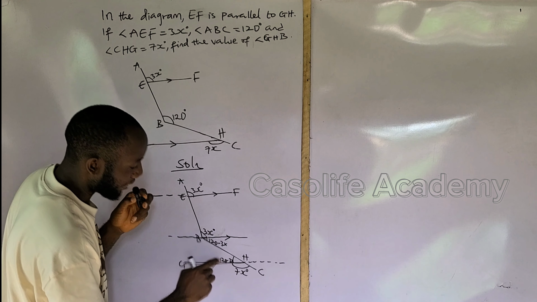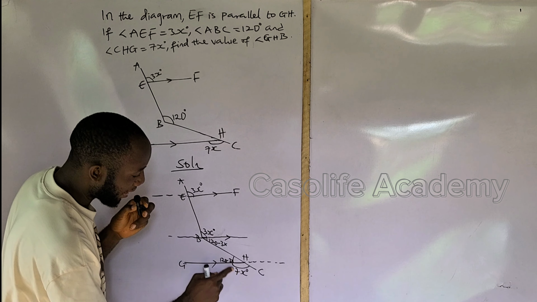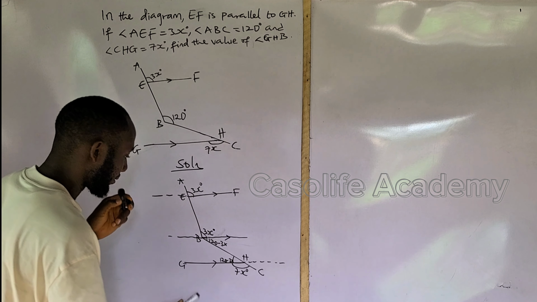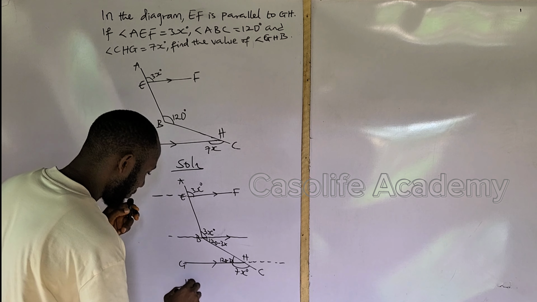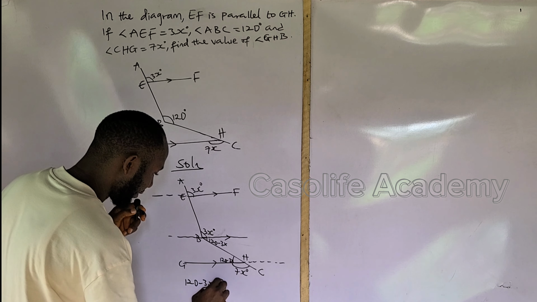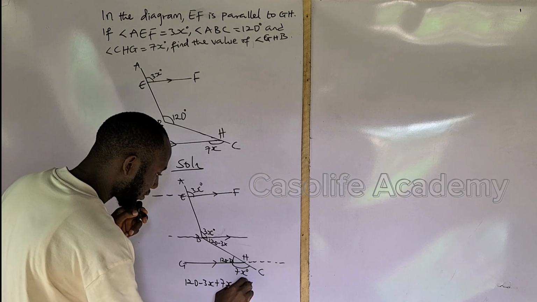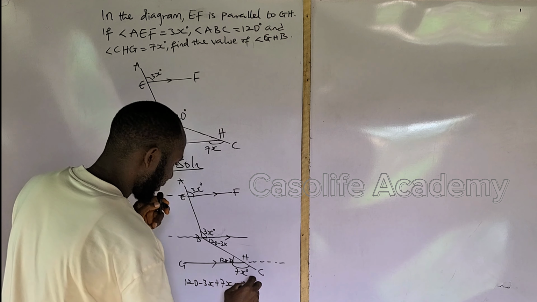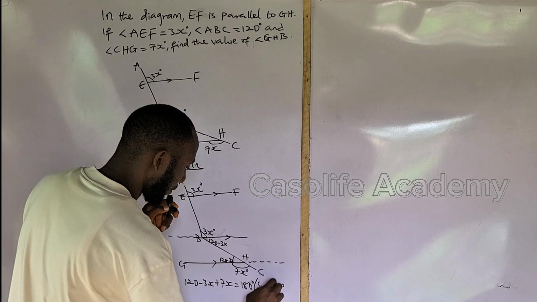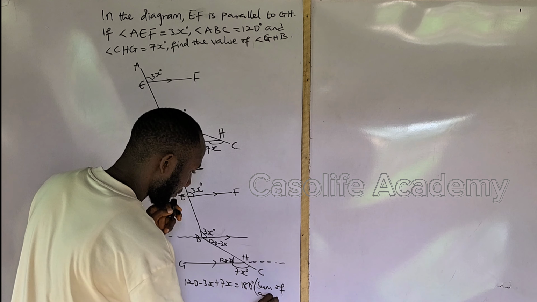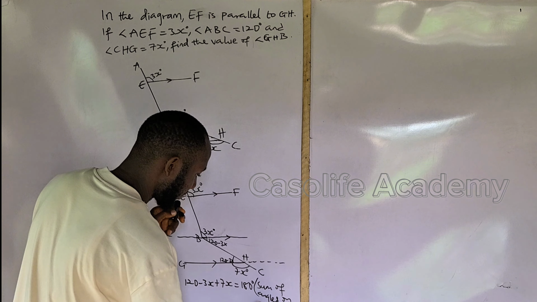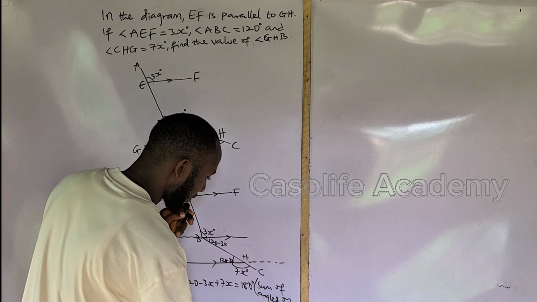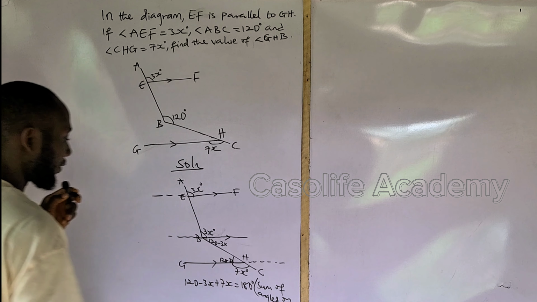Looking at this transversal line, you see there is a straight line. So here plus here will give us 180 degrees, sum of angles on a straight line. So 120 minus 3x plus 7x equals 180 degrees. The reason is that the sum of angles on a straight line is 180 degrees.